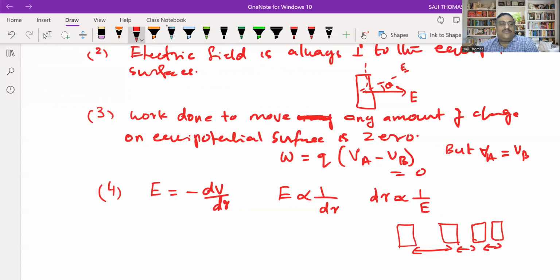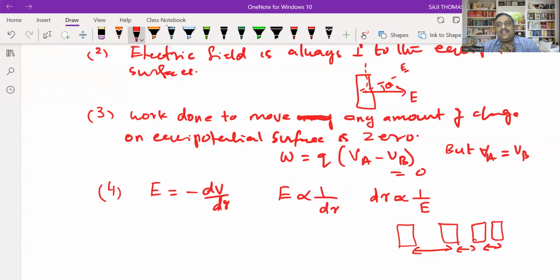Okay. So what we learned today, we learned the derivation for a potential due to a dipole. And we have seen that along the equatorial line of an electric dipole, potential is 0. Then equipotential surfaces. What are equipotential surfaces? They are surfaces of constant potential. It is a surface where potential is the same on every point on it.